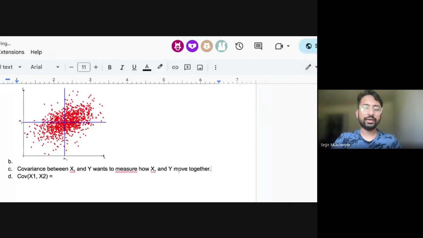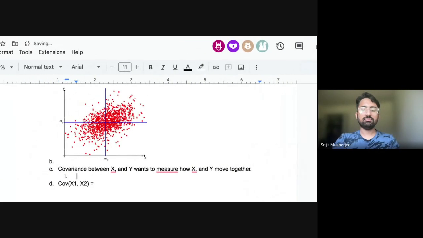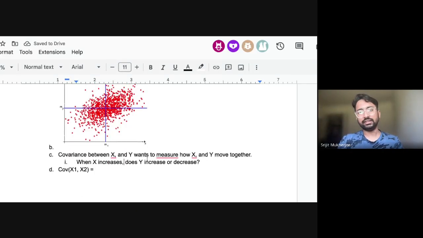This is important: how x and y are moving together. Like when x increases, does y increase or decrease? These are the kind of questions we want to understand.